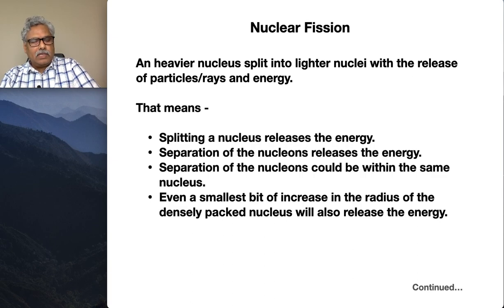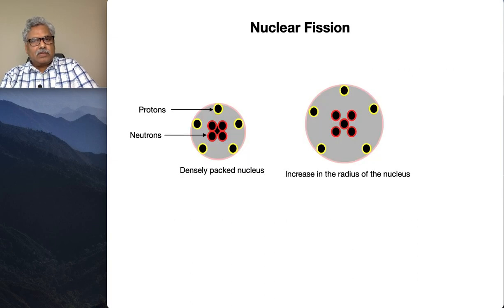That's what I'm theorizing. Let's look at this as a picture. On the left is the densely packed nucleus, a neutral nucleus. The center ones are neutrons and the outer ones are protons. This is all nucleus.